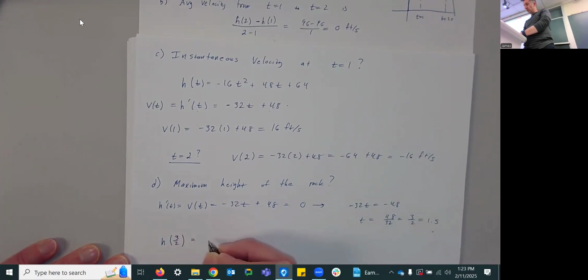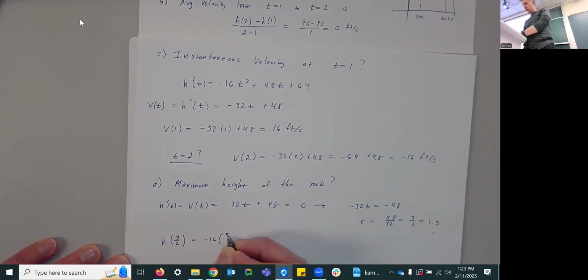It's going to be -16 times 3/2 squared plus 48 times 3/2 plus 64.